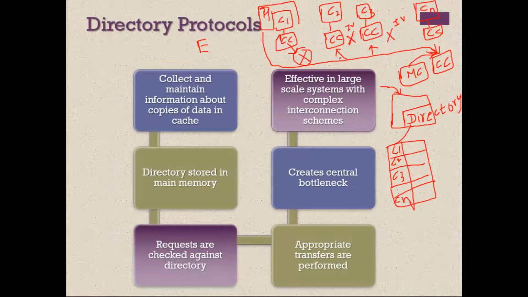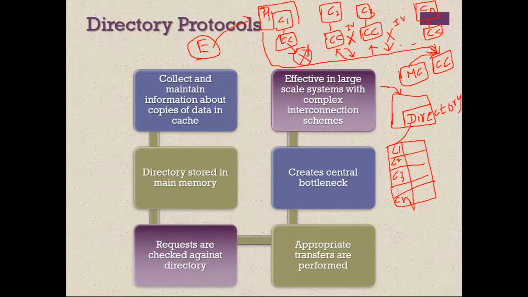After invalidating, they will acknowledge to the centralized controller that yes, we have invalidated x. Now the centralized controller will grant exclusive permission to P1 over x.